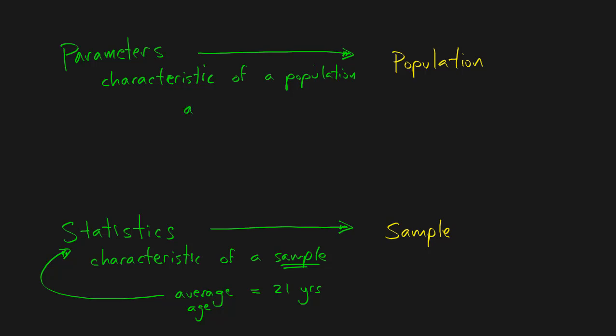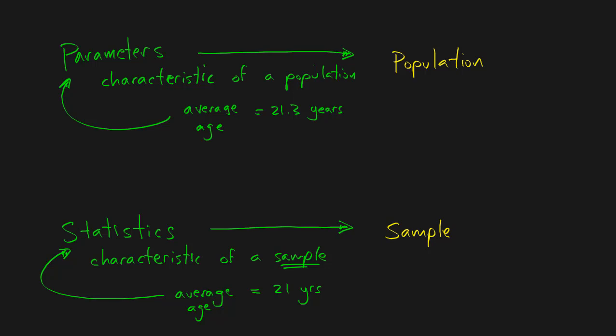Then you could still get an average age. It won't necessarily be the same number. Let's say that it ends up being 21.3 years. Now, what is this value here? What is this average age? Well, because it describes the characteristic of the entire population, it's called a parameter. So an average can be a parameter. An average could be a statistic.